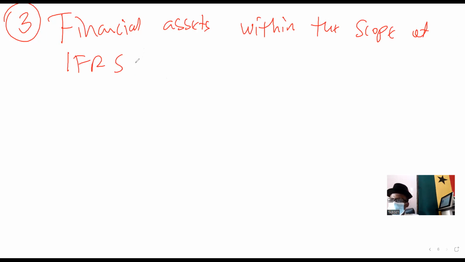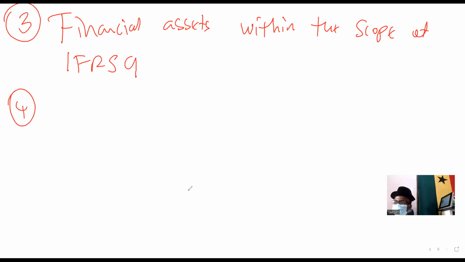You get that? Good. So IFRS 9 financial assets, you cannot impair financial assets under IFRS 5, even if it's held for sale. So the available for sale financial assets or financial instruments, we have to account for that under IFRS 9, not IFRS 5, even though that instrument or that financial asset is classified for sale, not at all.